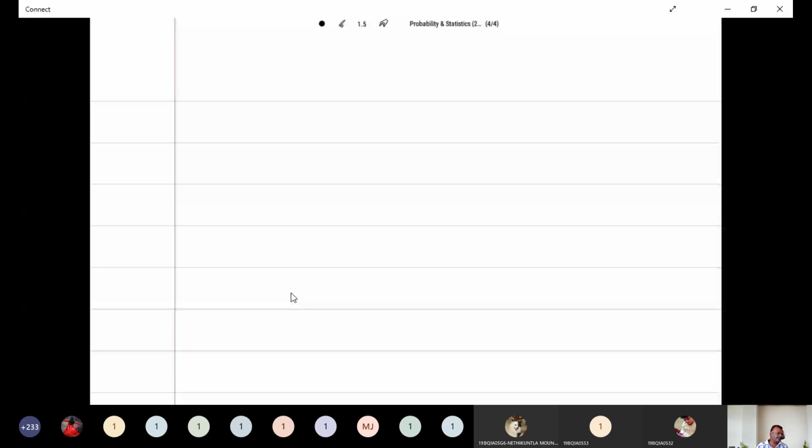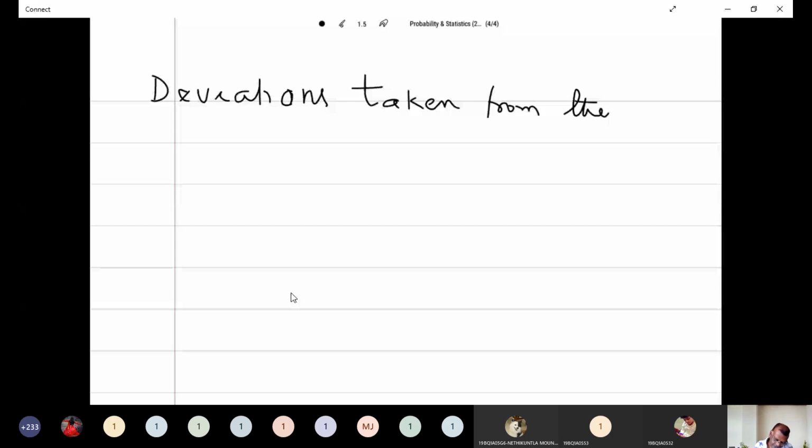Now, note down one formula here. Deviations taken from assumed mean.